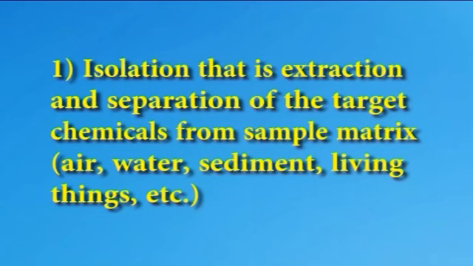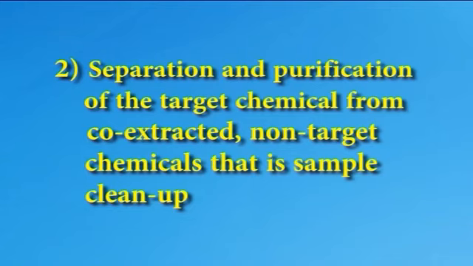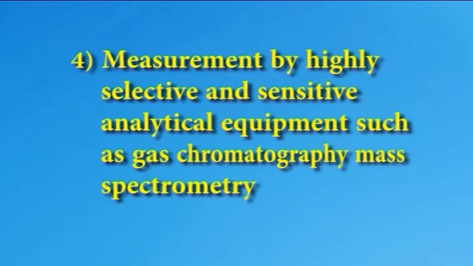The first one, isolation, that is extraction and separation of the target chemicals from the sample matrix, that is air, water, sediment, living things, etc. Second, separation and purification of the target chemical from co-extracted non-target chemicals, that is sample cleanup. The next one, sample concentration. And the fourth one, measurement by highly selective and sensitive analytical equipment such as gas chromatography or mass spectrometry.